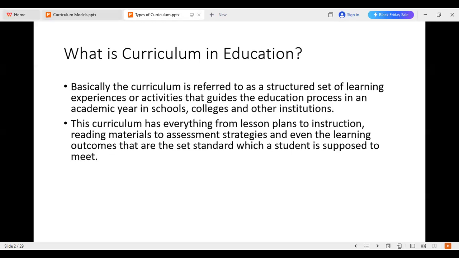Many discussions went on. We organized the subject content.